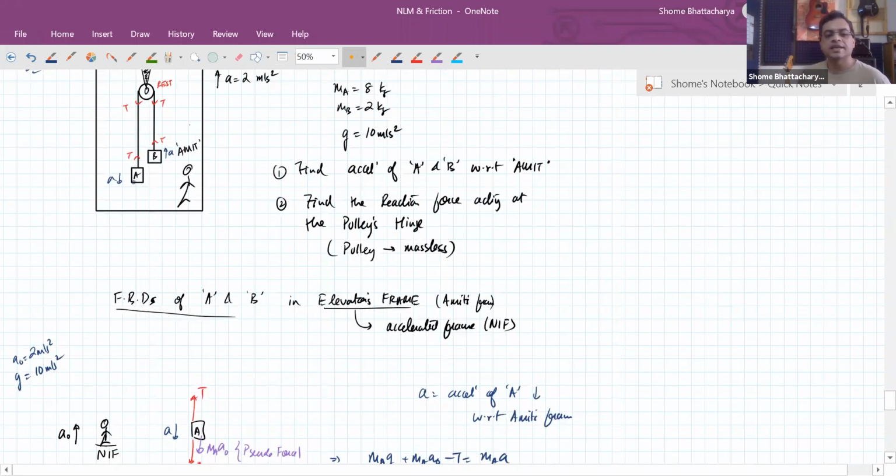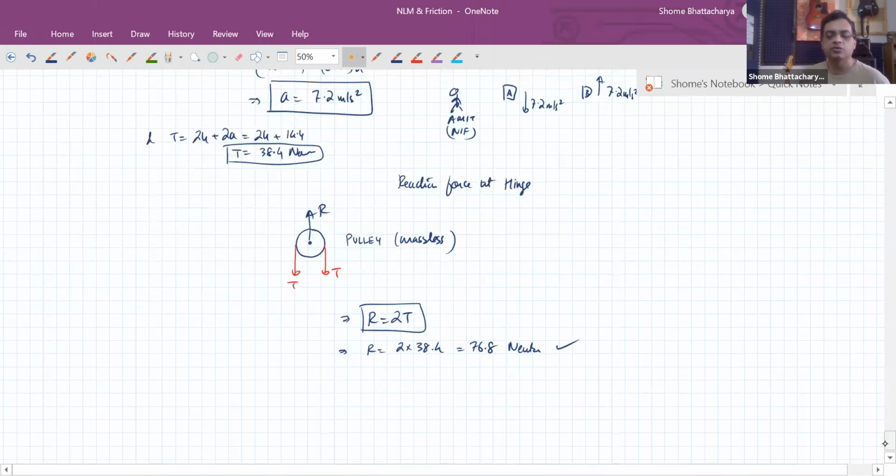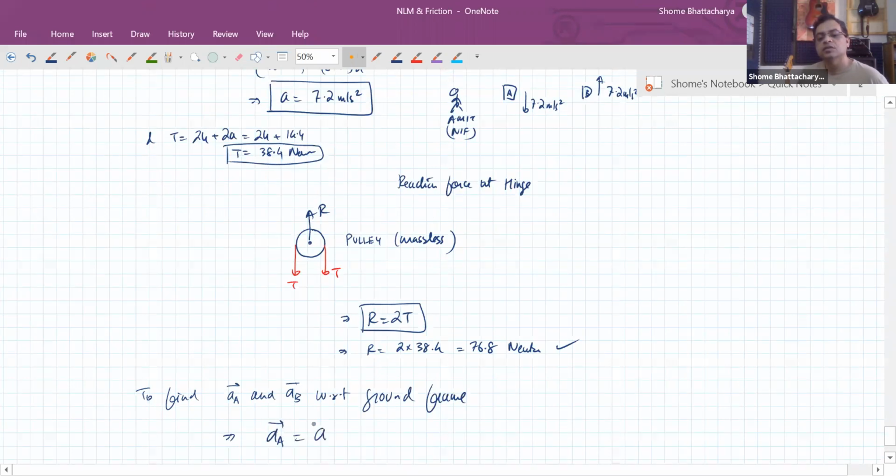Now, once we have found out these accelerations with respect to the elevator's frame, we can also find the accelerations of A and B in the ground frame by just using the relative motion concept. Okay. So we want to find acceleration of A and acceleration of B with respect to the ground frame. We'll just use the fact that acceleration of A is equal to the acceleration of A with respect to the elevator plus acceleration of the elevator.